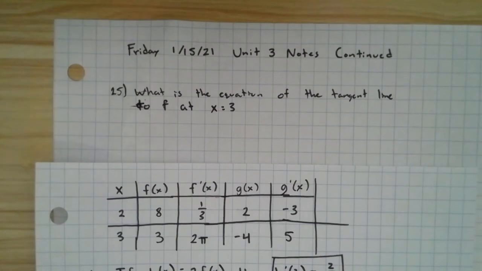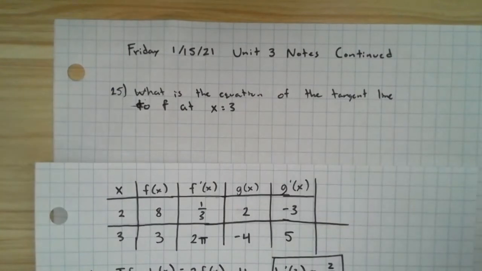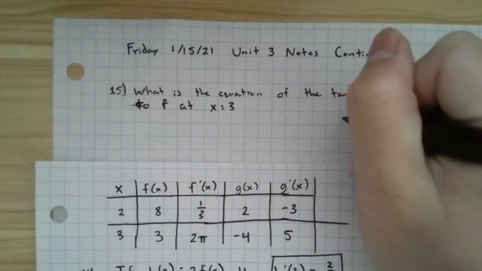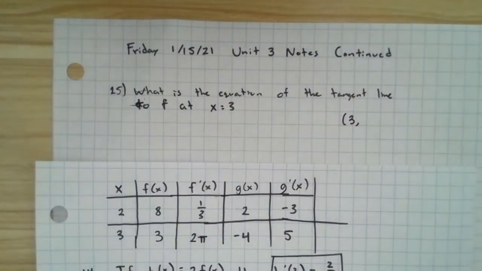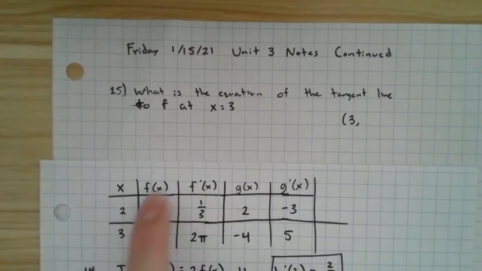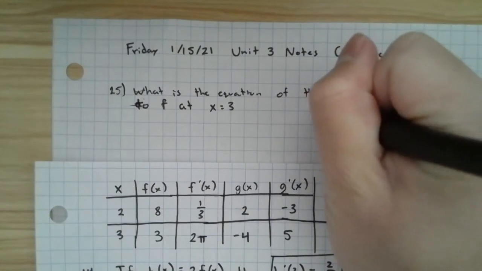So remember that the derivative is the slope of the tangent line at that point, right? And at that point they already gave us the x value of 3. So we're talking about the function f. When x is equal to 3, right here, what is the y value of f at that point? When x is 3, the y value is 3, so we're definitely talking about this point here.